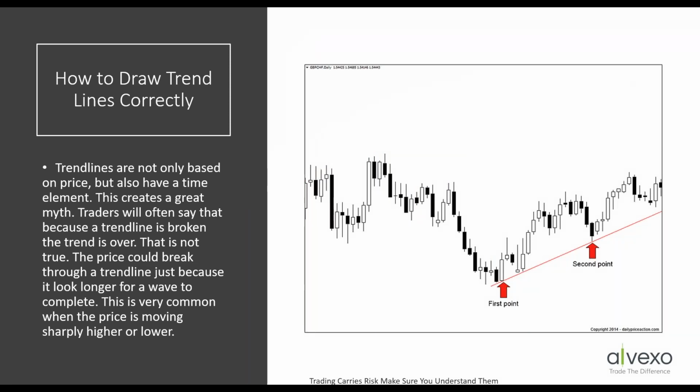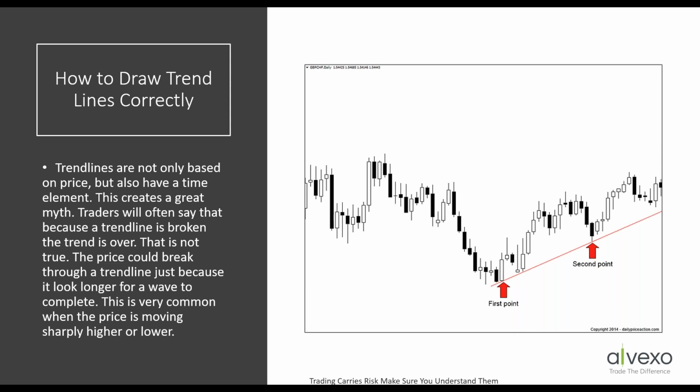So trend lines are not only based on price, but also have a time element. This creates a great myth. Traders will often say that because the trend line is broken, the trend is over. Remember, I told you that before. A trend moving up can continue going up. When it breaks a trend line, it doesn't mean the trend is over.